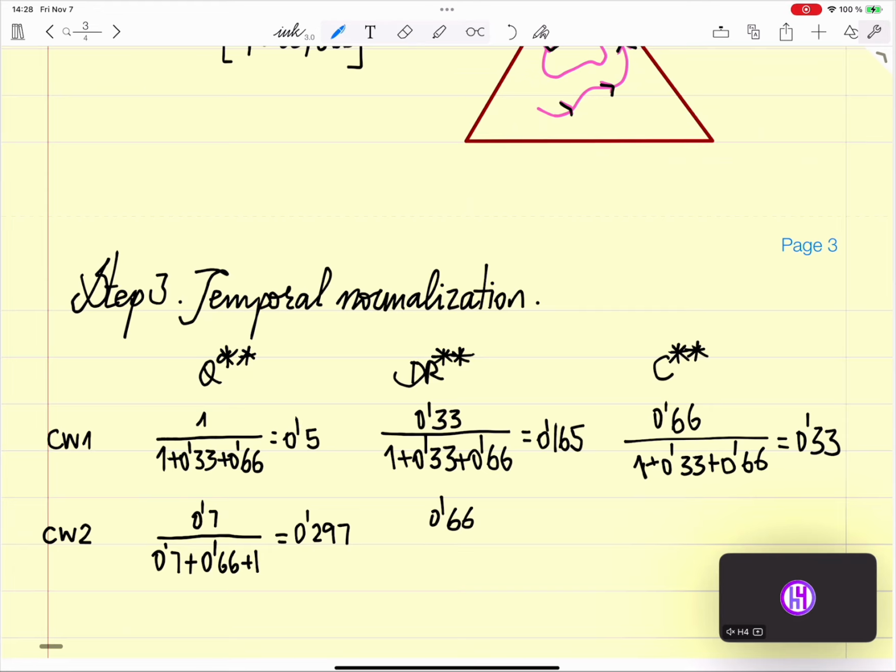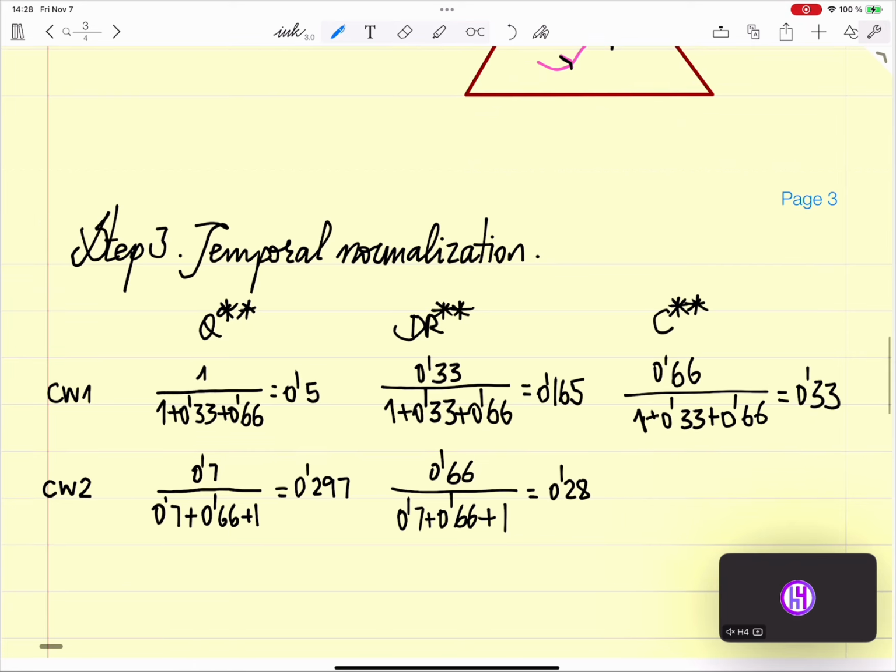Second, 0.66 divided by 0.7 plus 0.66 plus 1 yields 0.28. And the last is 1 divided by 0.7 plus 0.66 plus 1, yielding 0.42.